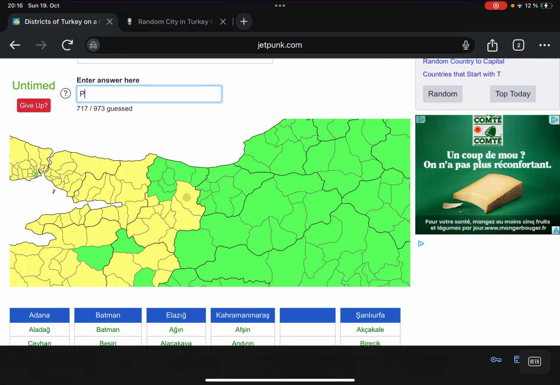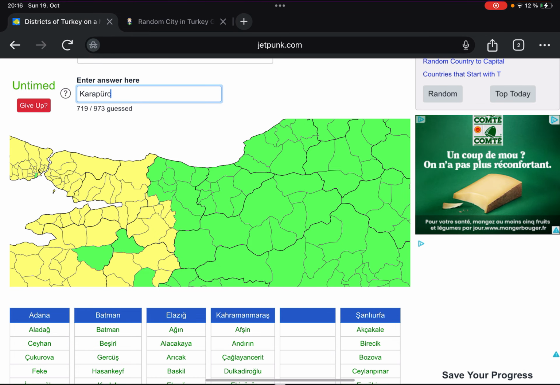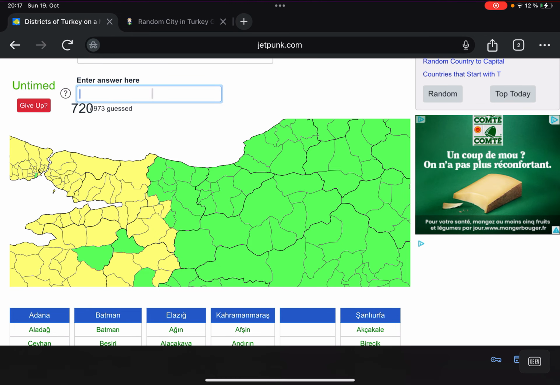Anyway, so we have Hendek, we have Akyazı, Karapürçek, Erenler, Arifiye, Serdivan, Sapanca, so many typos, Sapanca, Pamukova, Geyve, and Taraklı.